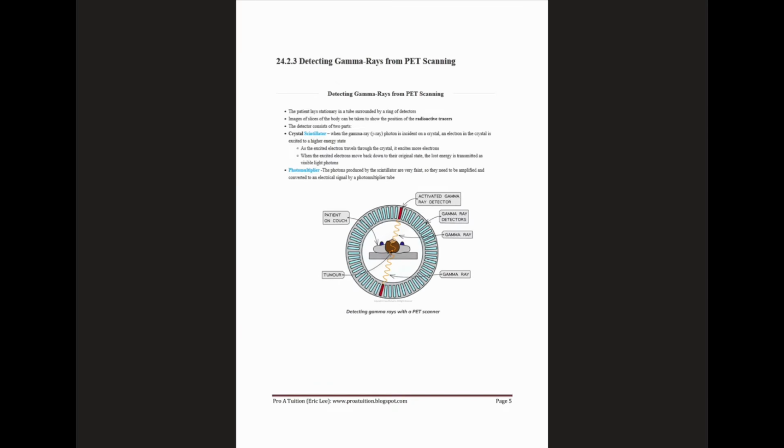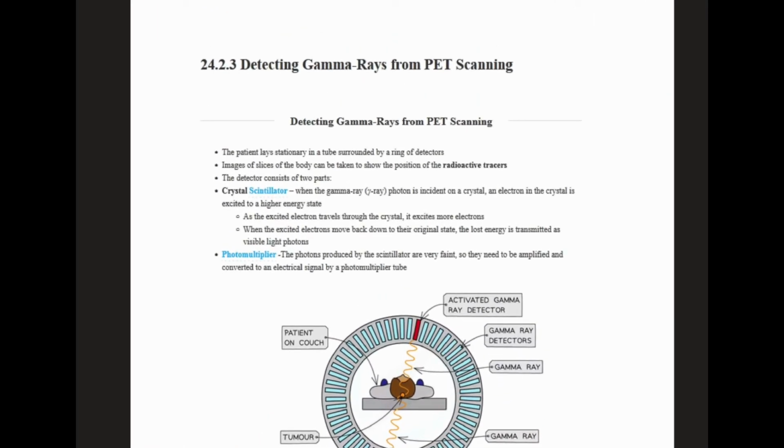Okay, so the next topic here, 24.2.3, detecting gamma rays from PET scanning. Now the first point, the patient lies stationary in a tube surrounded by a ring of detectors, as you can see here.